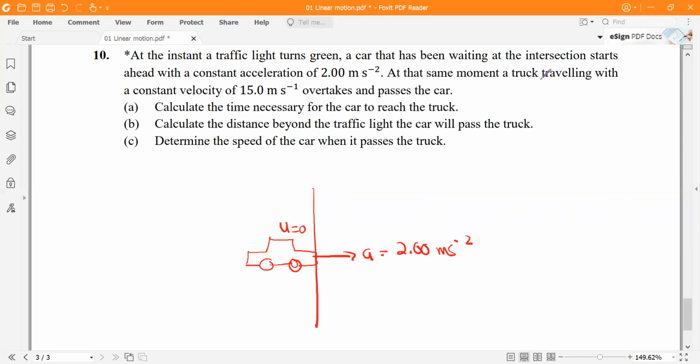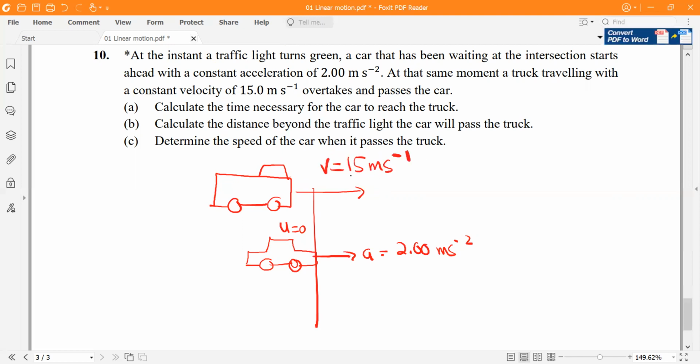At the same moment, a truck traveling with a constant velocity of 15 meters per second overtakes and passes the car. So we draw a bit bigger truck. It moves at a constant speed of 15 meters per second. We start the time from the starting line.